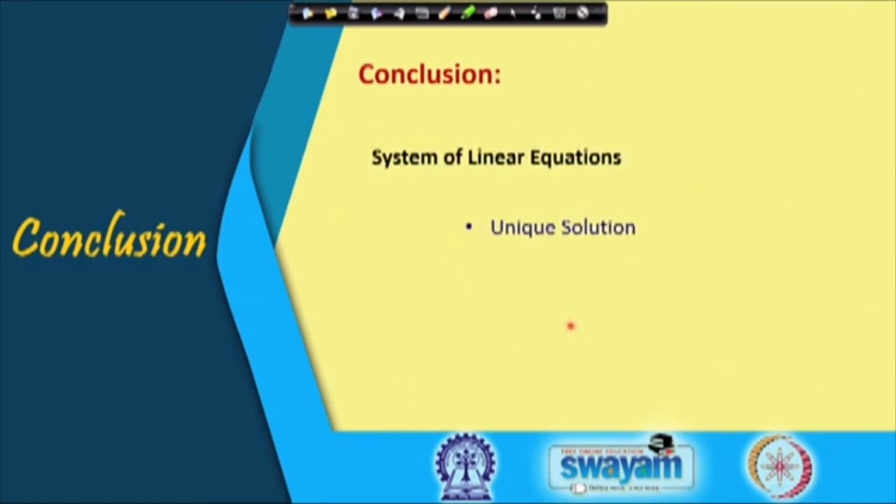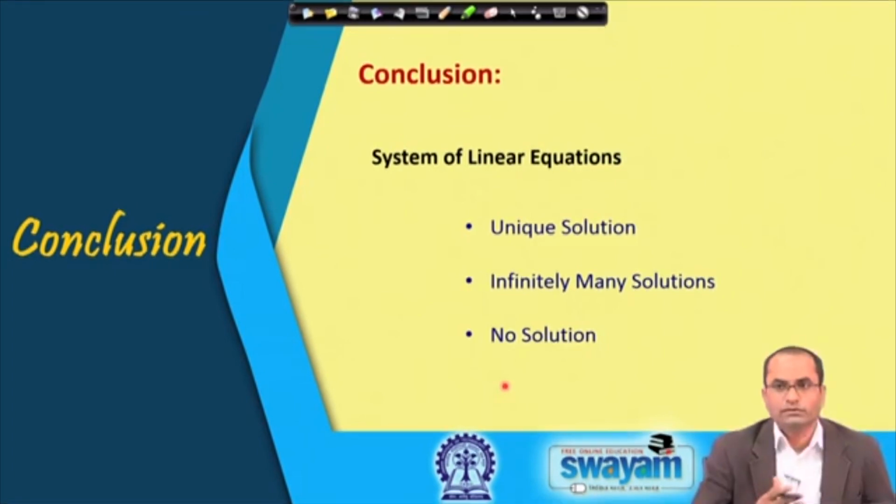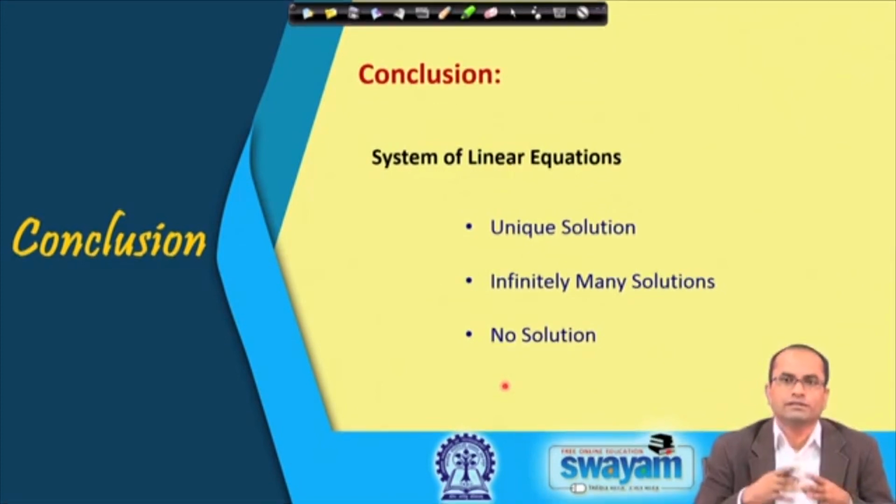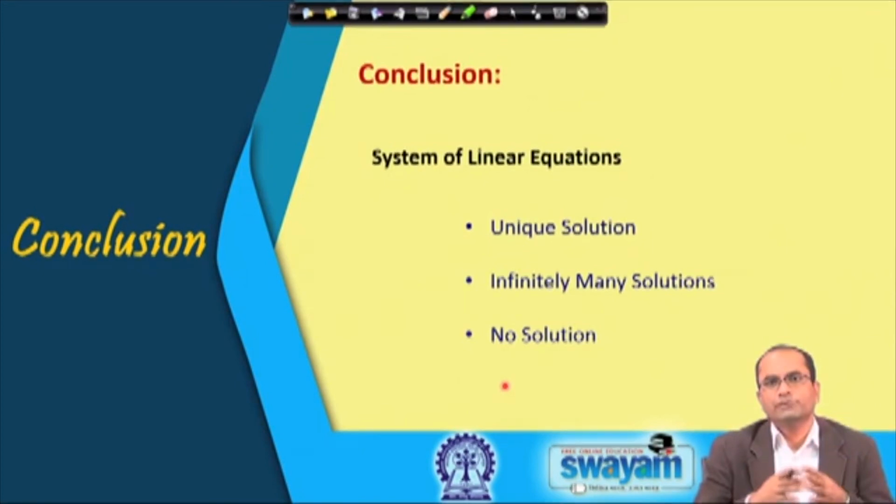So, we have seen the case of the unique solution, the case of infinitely many solutions, and the case of no solution, and these are all the possibilities which can happen for a system of linear equations when we consider a large system of m equations with n unknowns, but we have seen here with the help of very simple examples where we considered only two unknowns.